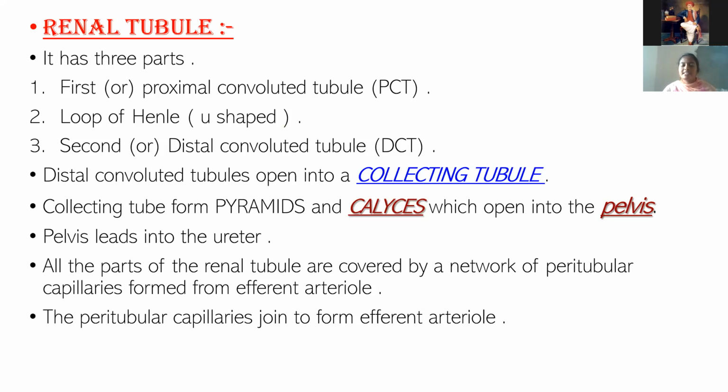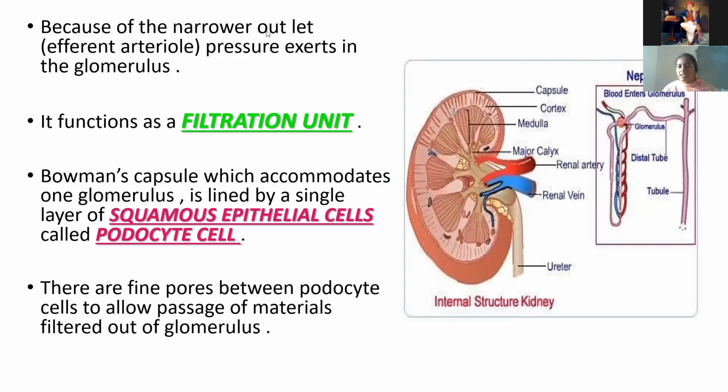The distal convoluted tubule opens into the collecting tubule. This is the collecting tubule, and this is the loop of Henle, the U-shaped part.